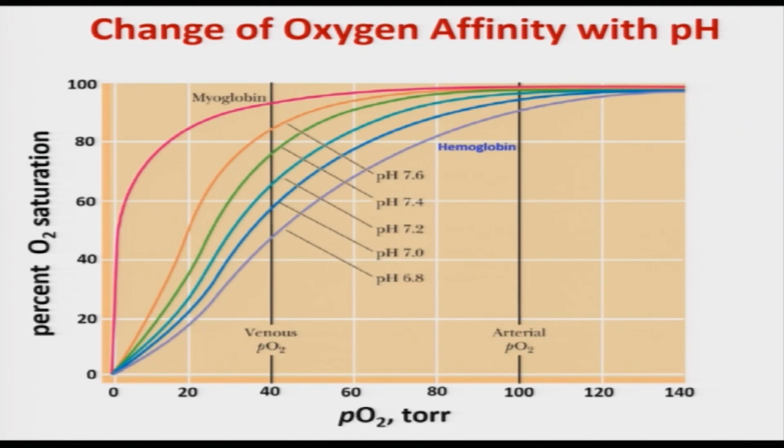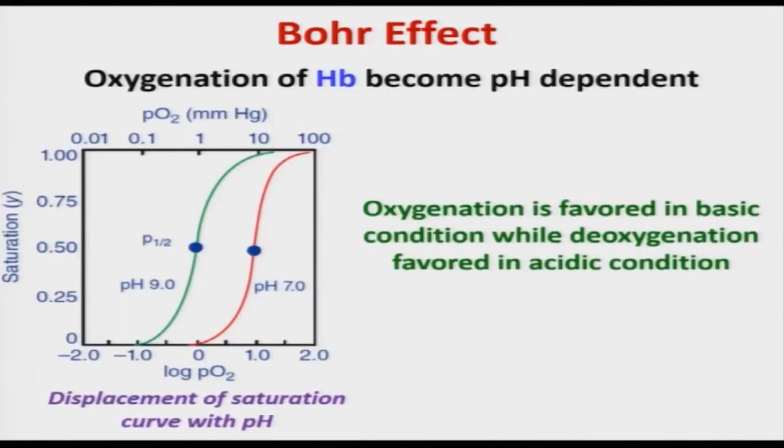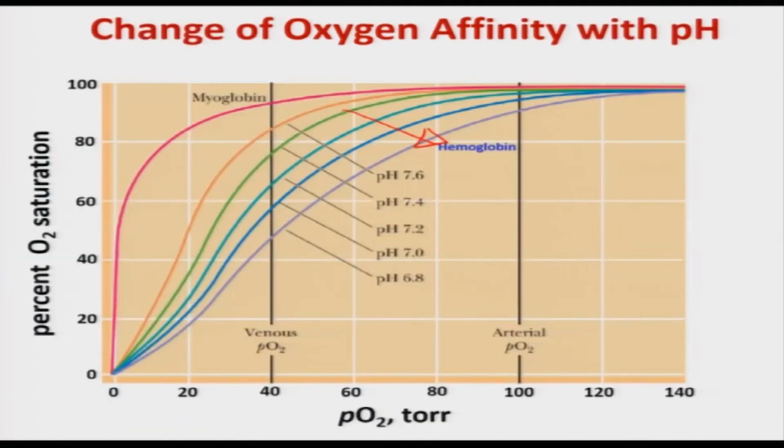And what we observe is that oxygenation is favored in basic condition, while deoxygenation is favored in acidic condition. You can see in the saturation curve that the dioxygen required to saturate hemoglobin is more if you increase the pH in the basic medium, but in acidic medium the saturation required for hemoglobin is less.